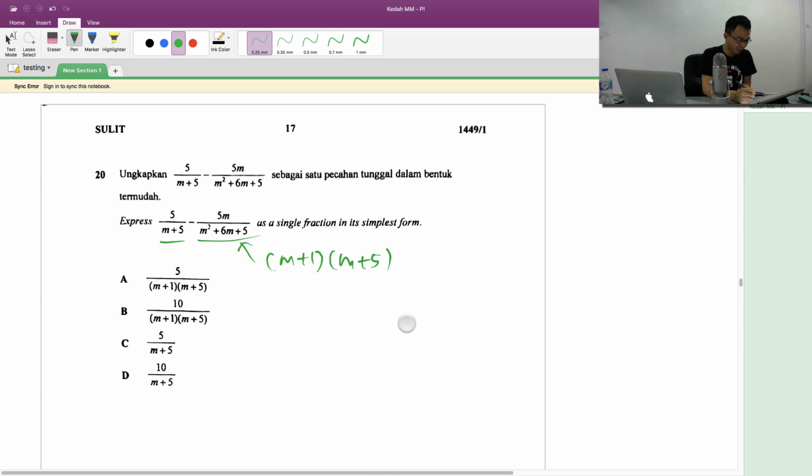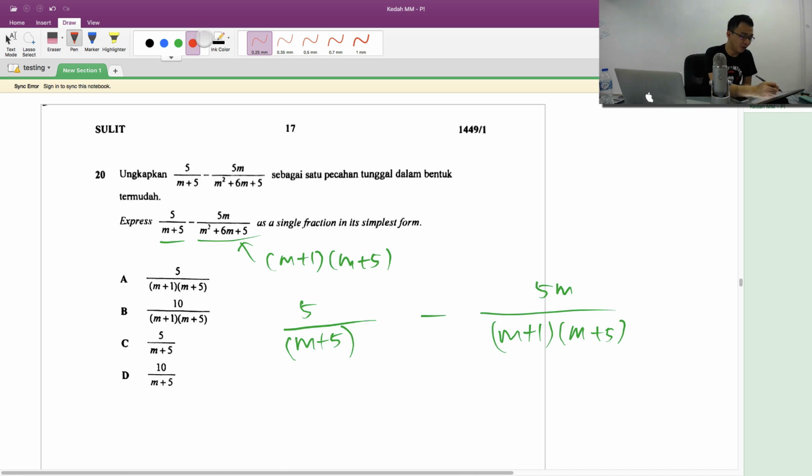Alright, so now I want to make sure both have the same denominator. This is m plus 5, isn't it? And then I minus this one, m plus 1, m plus 5, and this is 5m. In order to make both of them have the same denominator, I will multiply by m plus 1.